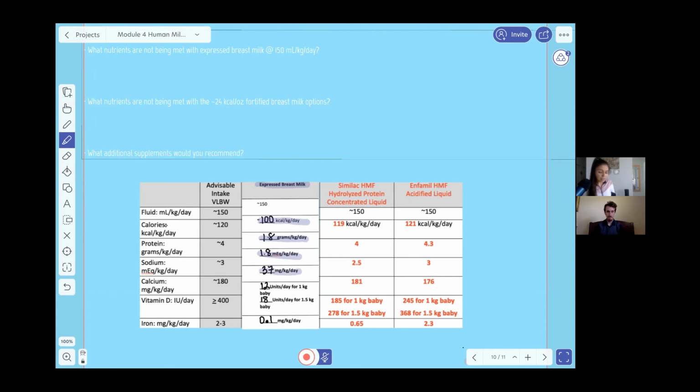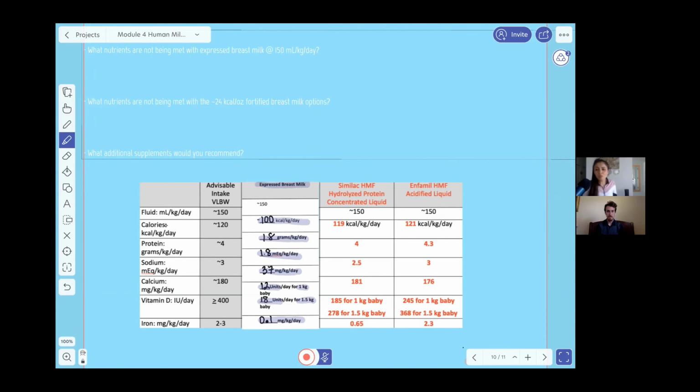Vitamin D, we need greater than or equal to 400 international units per day. Breast milk provides 12 units for a 1 kilogram baby and about 18 units for a 1.5 kilogram baby. Also definitely lacking. And iron, a baby should get about 2 to 3 milligrams per kilogram a day, and with express breast milk, they're getting about 0.1 milligrams per kilogram a day.